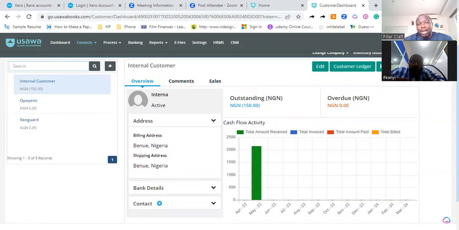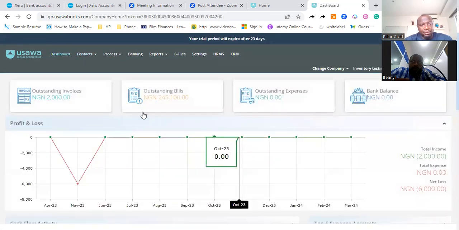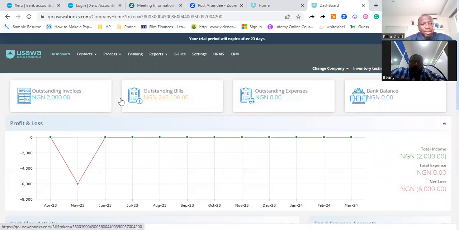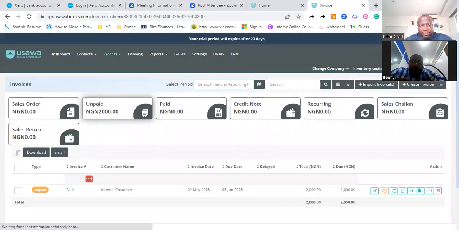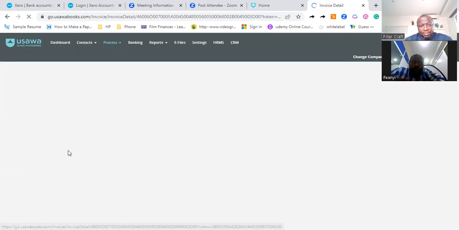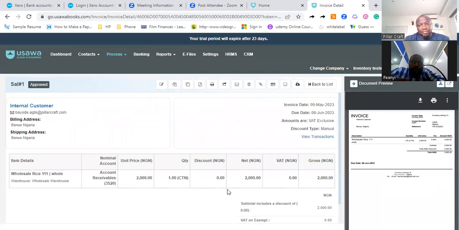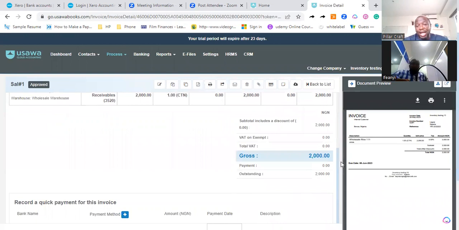So this was what I was trying to work out with my team, to see how we can cross match. Assuming we raised a credit note, we would have been able to match it.